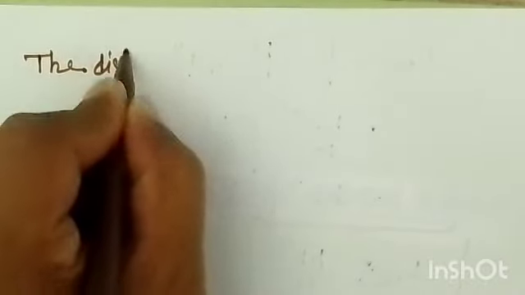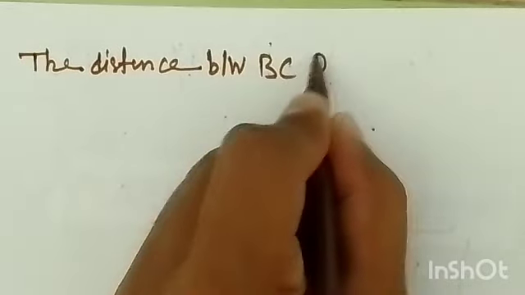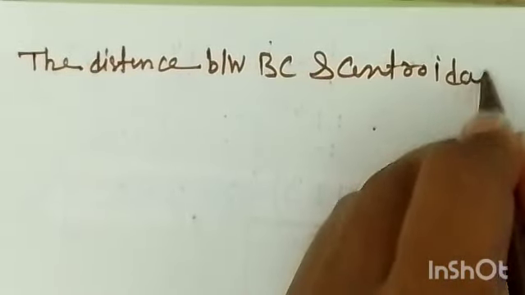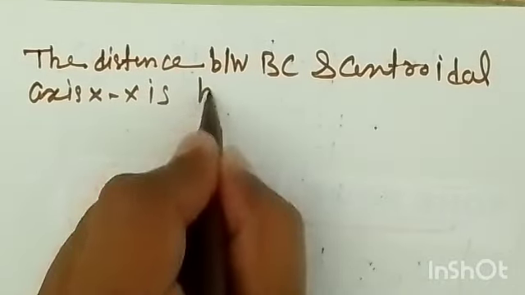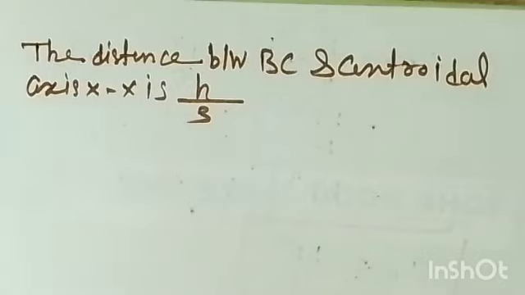The distance between BC and the centroidal axis xx is h by 3. Now, to find the moment of inertia about the base, and actually we have to find the moment of inertia about xx, the centroidal axis, we will apply the parallel axis theorem.